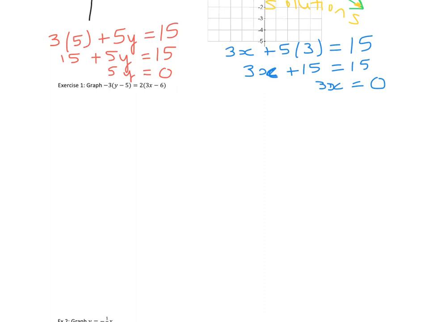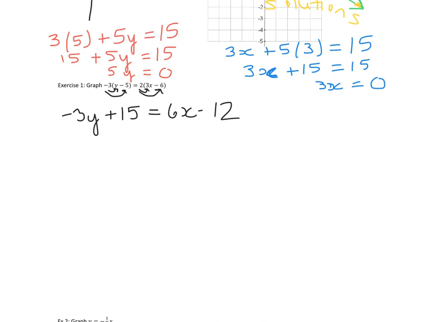So first things first, we get rid of our parentheses. So let's distribute the negative 3. So negative 3y, and then negative 3 times negative 5 is positive 15. All right, so we distributed the negative 3. And then on the other side, we're going to distribute the 2. Lovely.